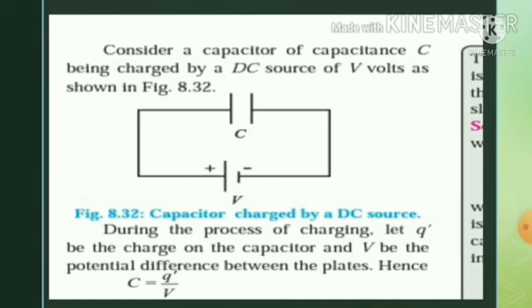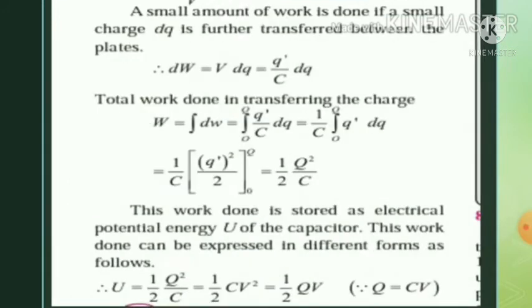Then we can write C equal to Q dash upon V, where Q dash is the charge stored in the condenser during the charging process. So C equals Q dash upon V.